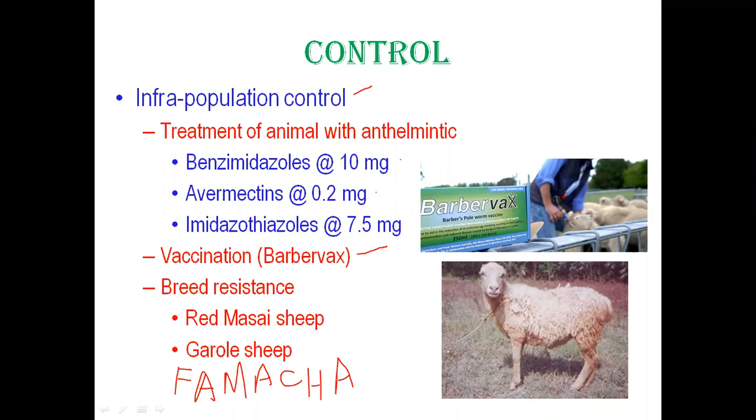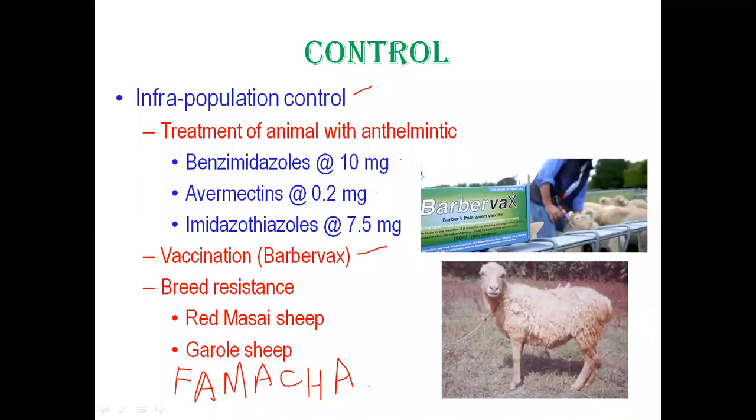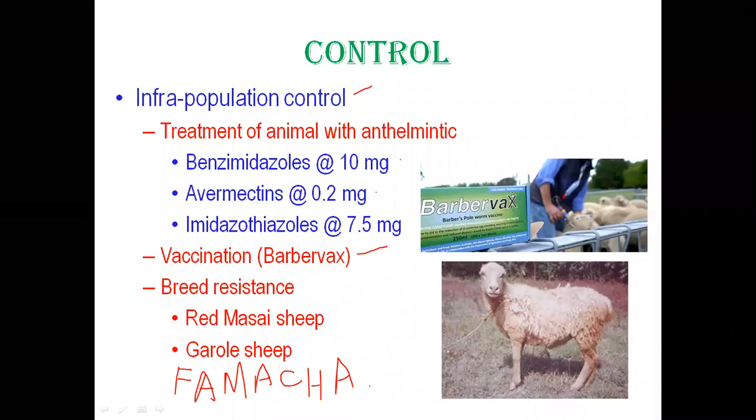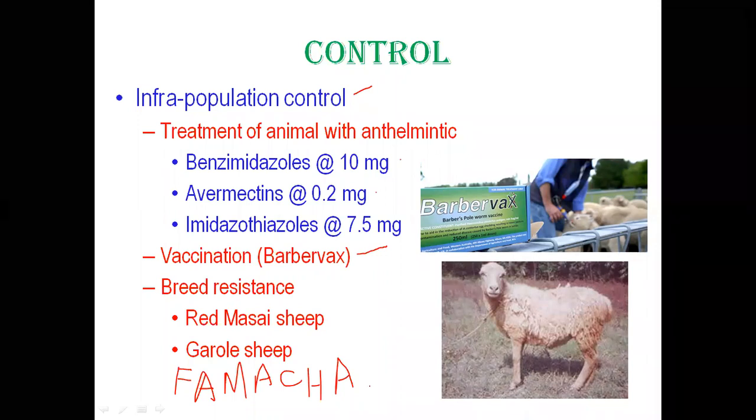The parasite has developed drug resistance. So due to these conditions, they say that we will give treatment only to those animals which are suffering. Okay, so the Famacha means this: when the eyelid color or the mucous membrane of the eye is compared with one chart, there is one color chart.